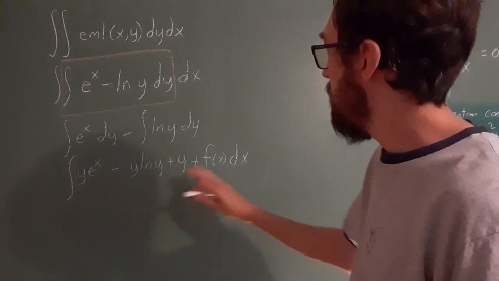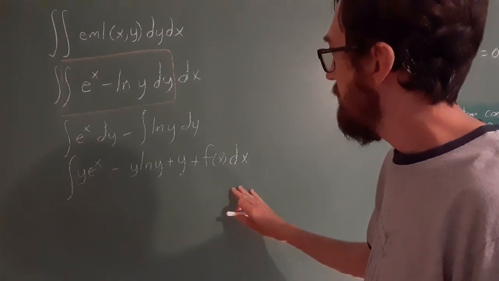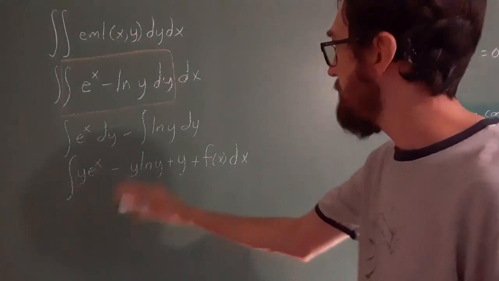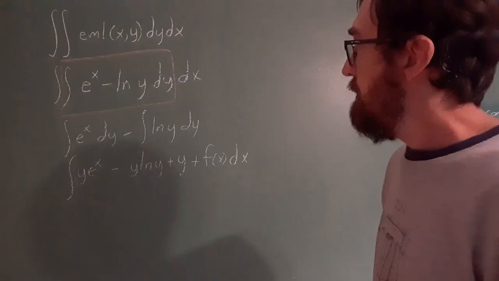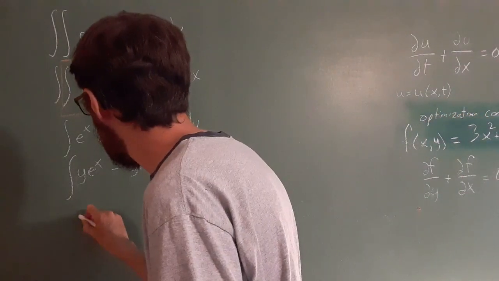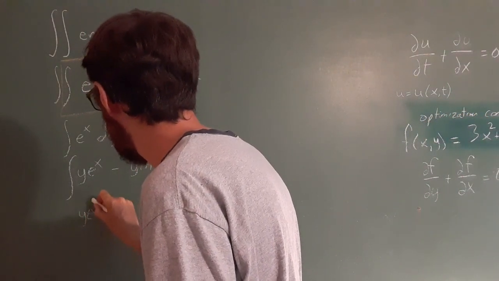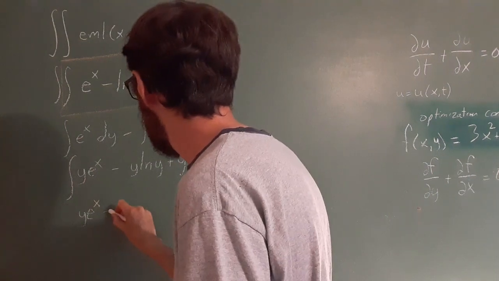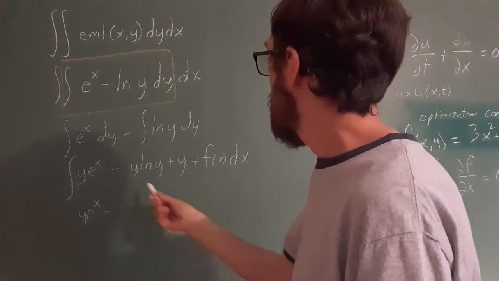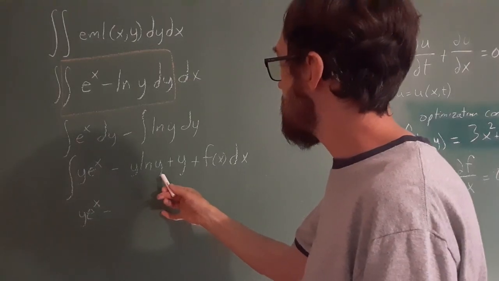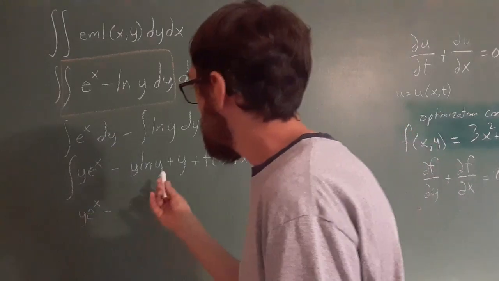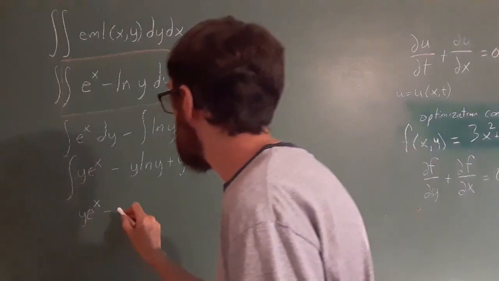We have multiple parts here that we can separate out into separate integrations. This is essentially a constant here, so it's just going to pick up an x as we integrate.